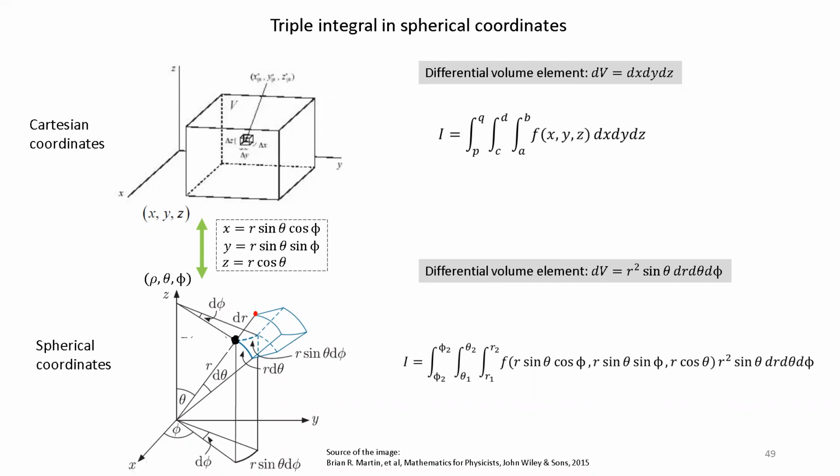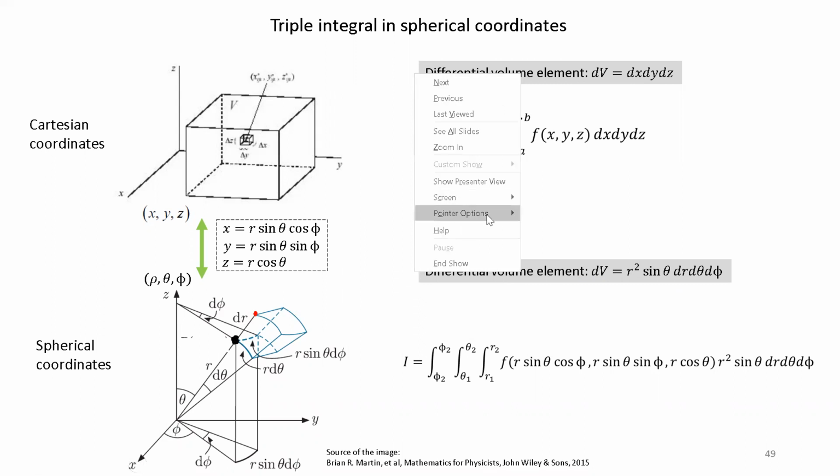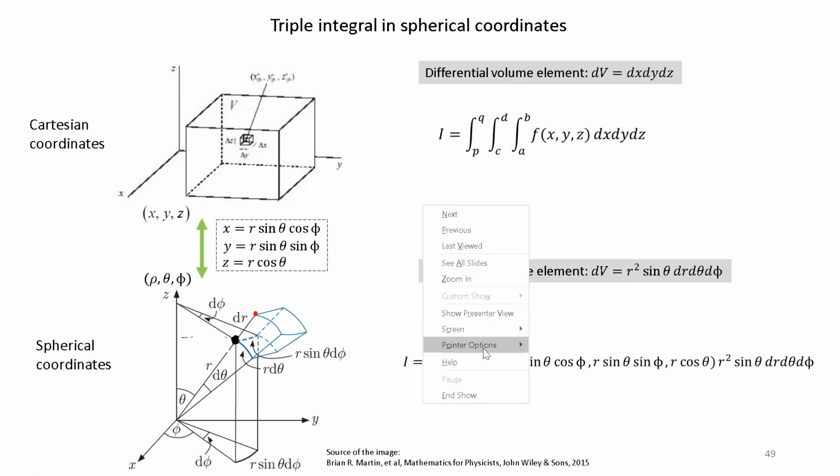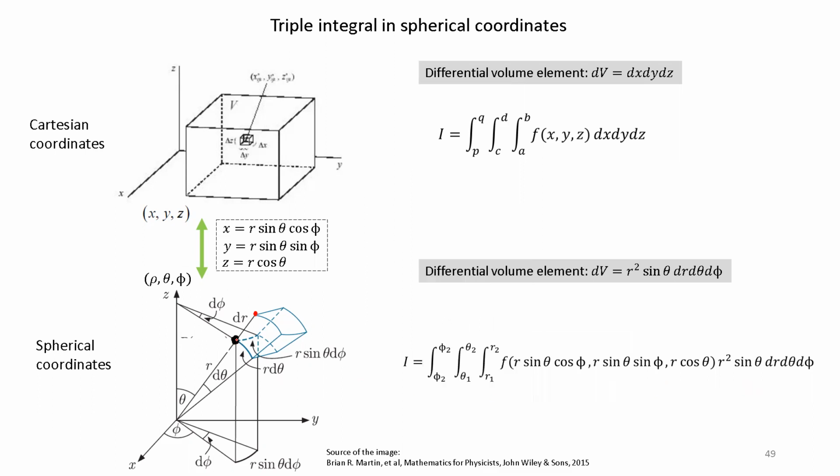You go from the black point, and then you fix your r coordinate. You fix your phi coordinate, but then you change your theta coordinate a little bit. So that means you go from theta to theta plus d theta. In that case, you'll be moving along this circular arc, right?